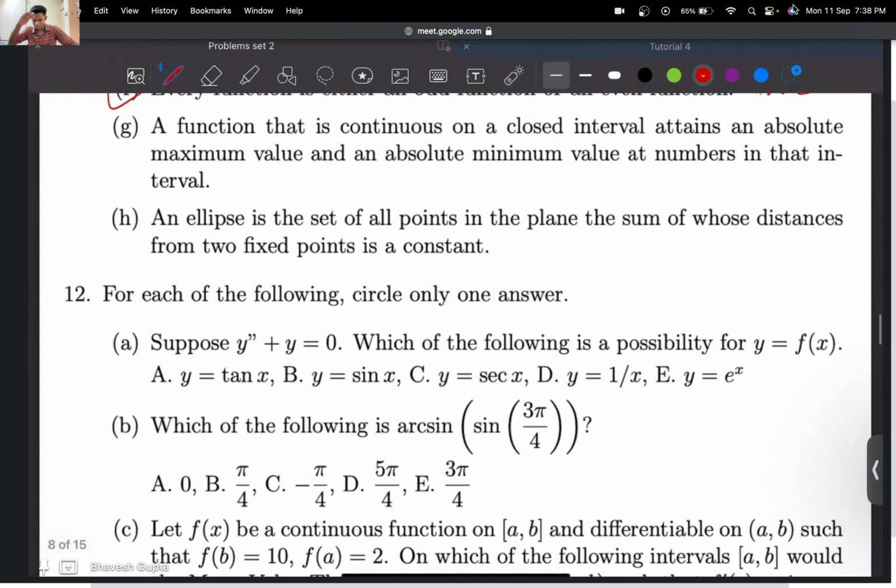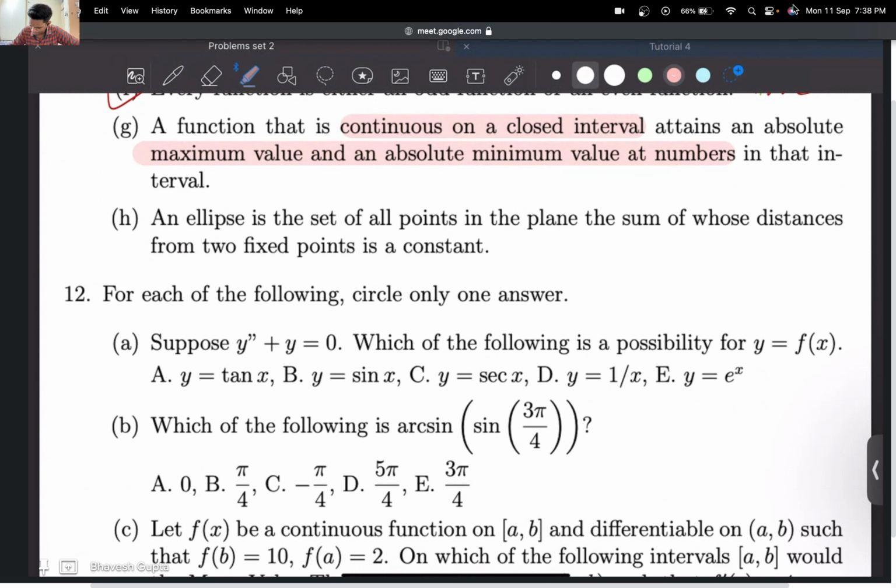Now let's go back to the question and see the G part. A function that is continuous on a closed interval attains an absolute maximum value and an absolute minimum value at numbers in the interval. So the first important term they have used is continuous on the closed interval. And inside that closed interval, it attains an absolute maximum value and absolute minimum value in that interval.